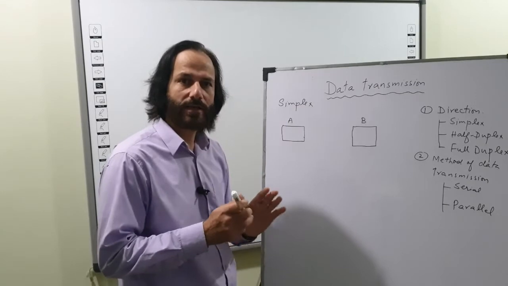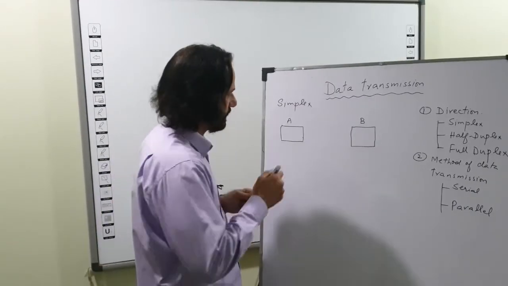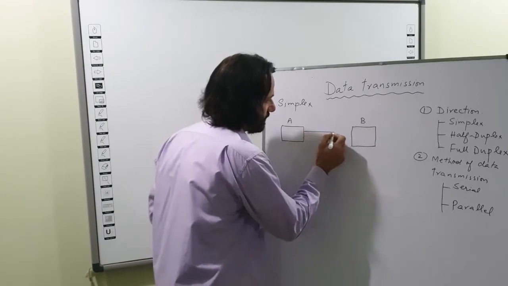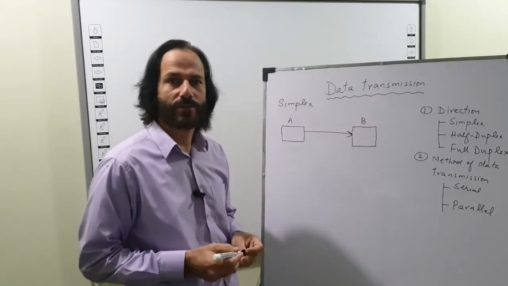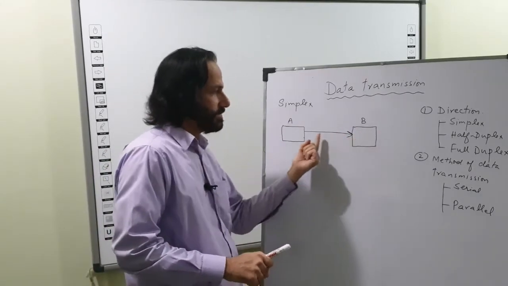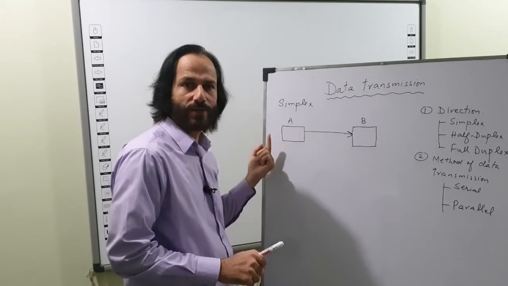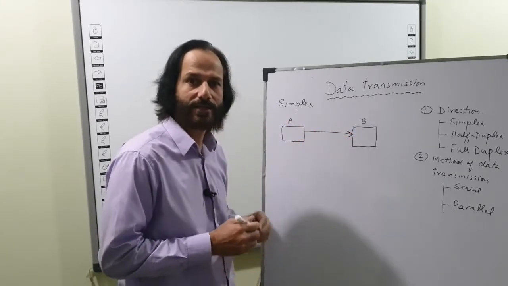The data can be transmitted in one direction only. Only one computer can transmit data to the other computer. Computer B in this case cannot send data back to computer A. So it's a one direction data transmission.